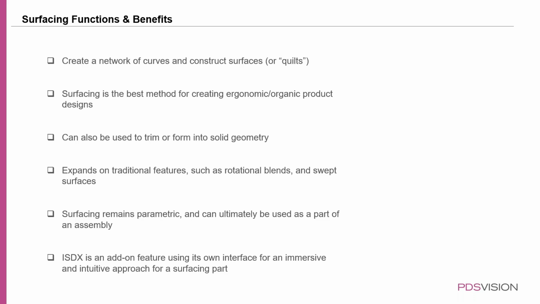If you want smooth curvature geometry, this is what is used for that type of design. But that's not the only thing it can be used for. Surfacing can also be used to trim or form into other solid geometry, such as to make certain cuts or grooves within your part.